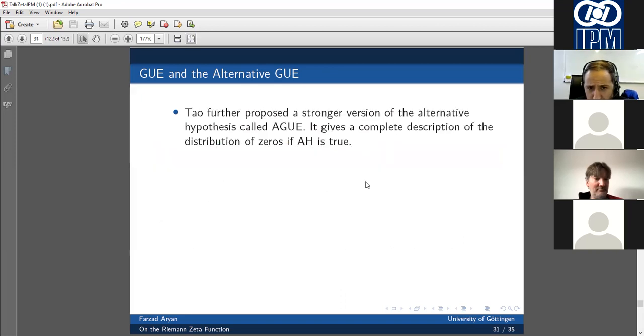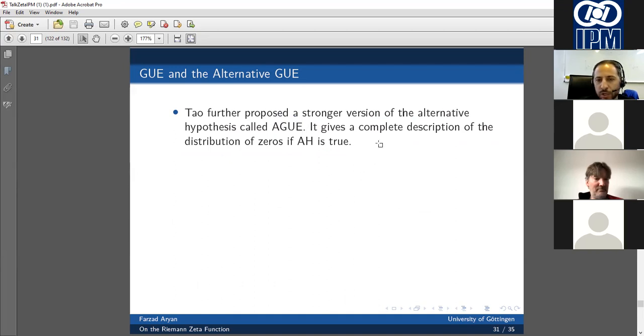So Tao further proposed an alternate hypothesis. What he did is suggest that maybe the correct model is alternative GUE. Alternative GUE says that the sequence of zeros satisfies this half-integers property.